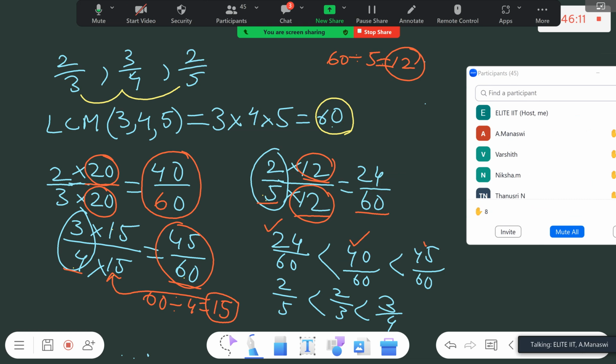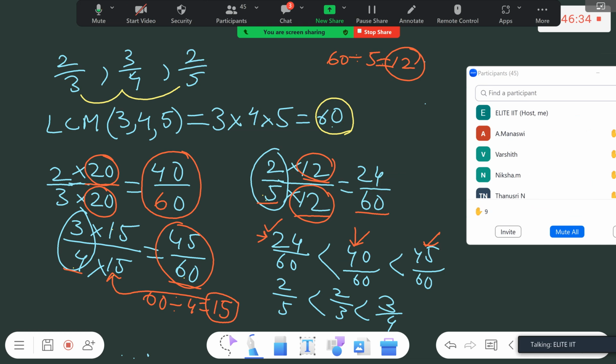Out of 24, 40 and 45, the smallest is 24. So 24 by 60 will be the smallest fraction. Then 40 is the next bigger one, so 40 by 60 and then 45 by 60. Understood?